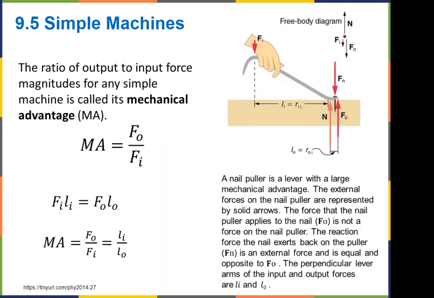So the simplest thing in this figure here is this nail puller over here. If you want to pick up the nail, just directly applying force over there is probably hard to do, but if you have a nail puller, then you can apply a smaller force over here to get that out.